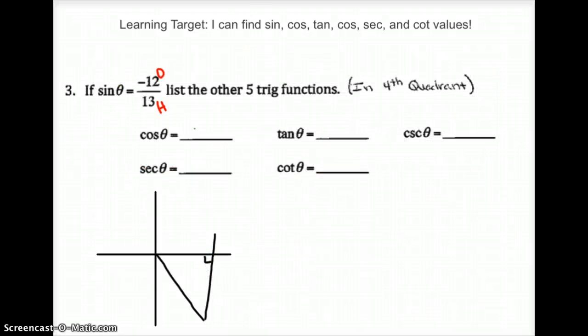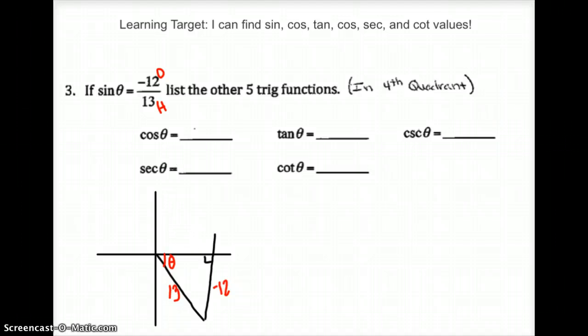I know that the hypotenuse measures 13. And I know that theta is always coming from the angle at the origin. And I know that the side opposite of theta measures negative 12. So it'd have to be this side, because these are in the negative y values, if you think about the coordinate plane. So all I need to find is this missing side.